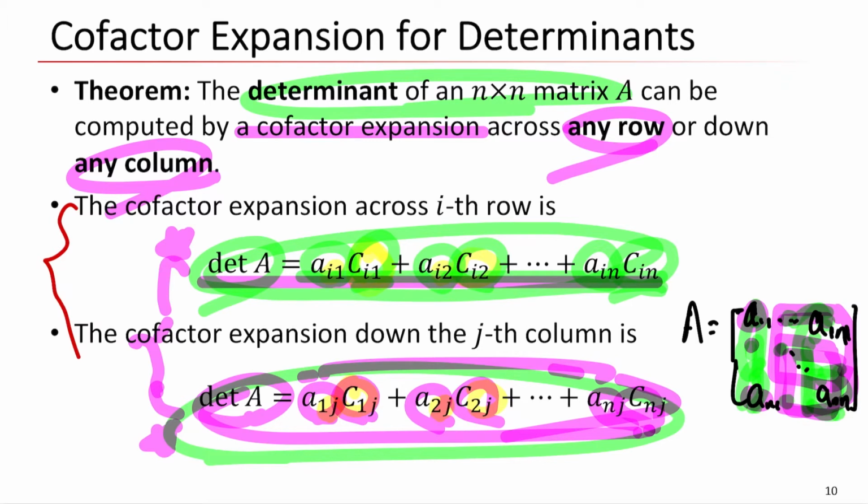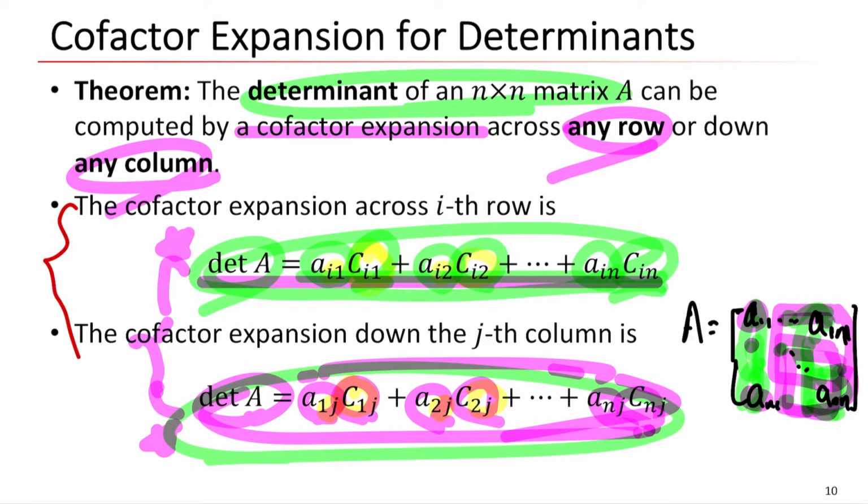In other words, if there are easier rows or columns, then we can fix those rows or columns to compute the determinant. If some rows or some columns contain zero values, then we don't need to compute the terms related to the zero values.